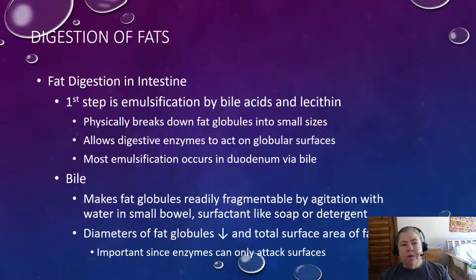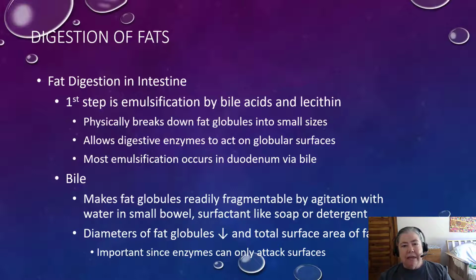In the small intestine, bile acids and lecithin are added to the chyme from the liver and the gallbladder through the bile duct and through the pancreatic duct and out of the sphincter of Oddi.